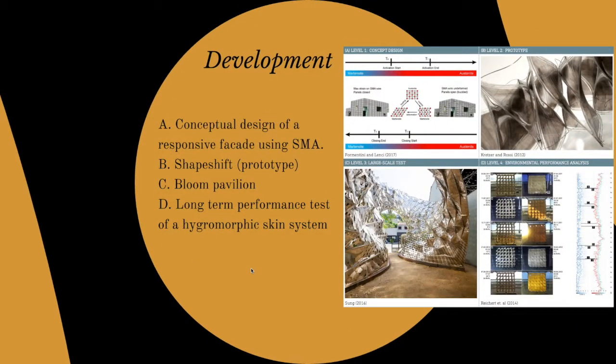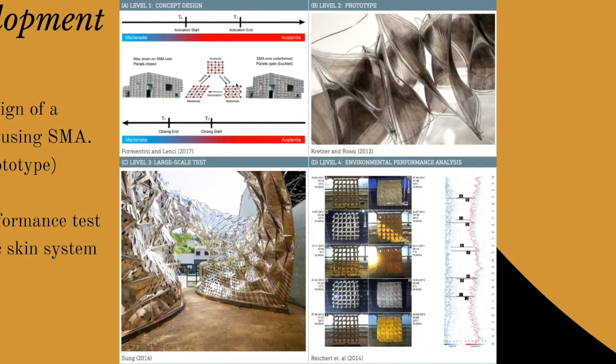So how to develop this material? First is the design. From the concept design, you need to determine the important temperature, for example, or any property that can change the shape. For this example, it is the temperature. So how does it start and how does it end?